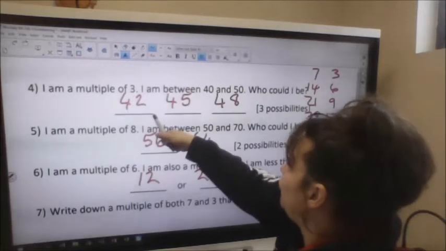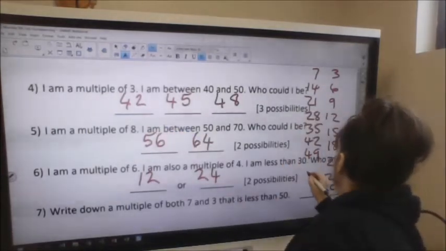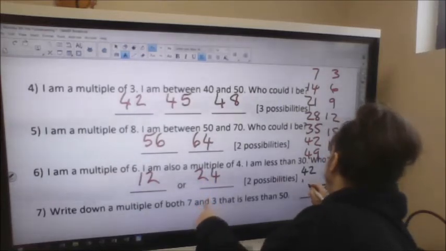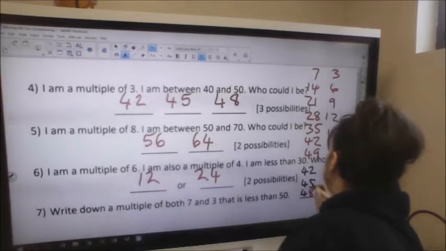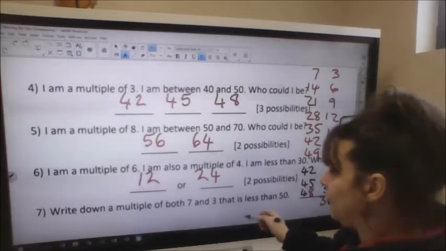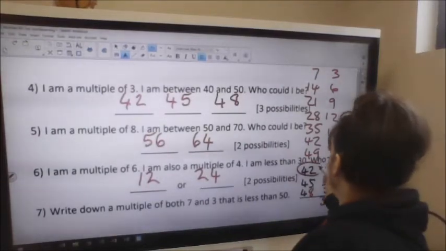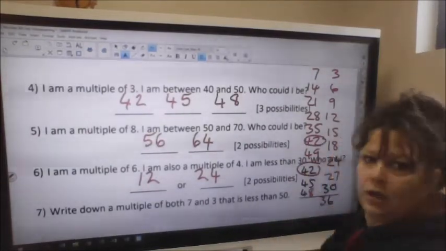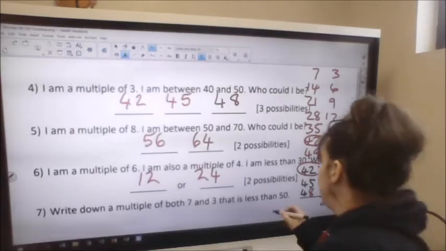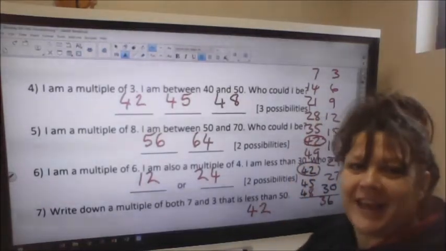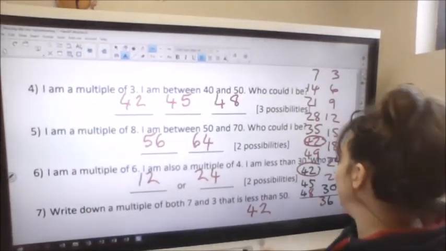Okay, so I had 42. Remember, I had 42, and then I had 45 and 48, which is also in my 3 times table. So I've got one multiple that appears in both, and it's 42. Okay, so hopefully you got that answer. Well done if you did.